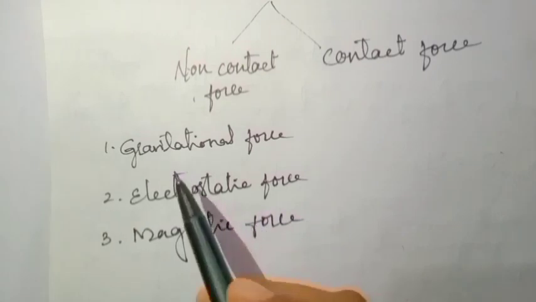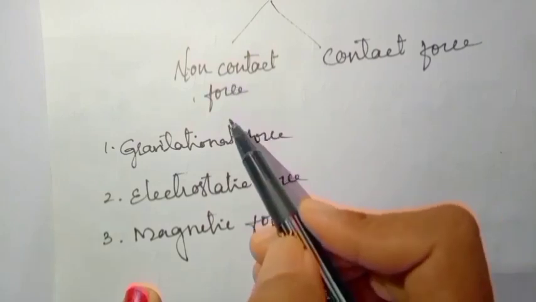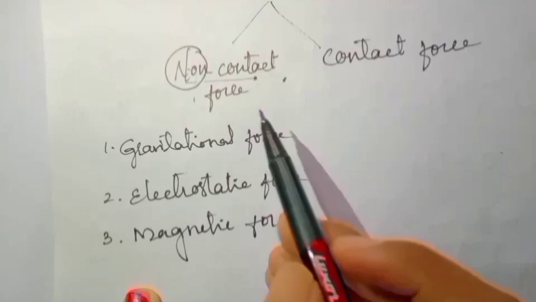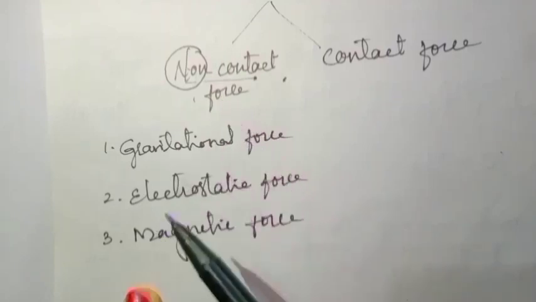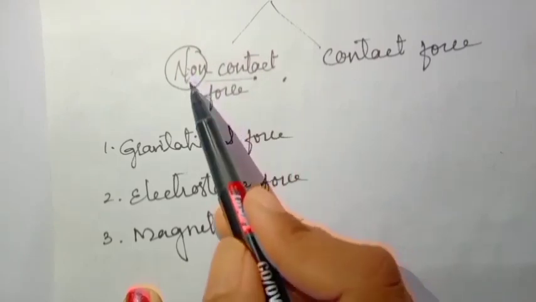Okay, so gravitational force, electrostatic force and magnetic force are non-contact forces. The name itself indicates non-contact, meaning the forces which come into play are not in contact. Such kinds of forces are called non-contact forces.